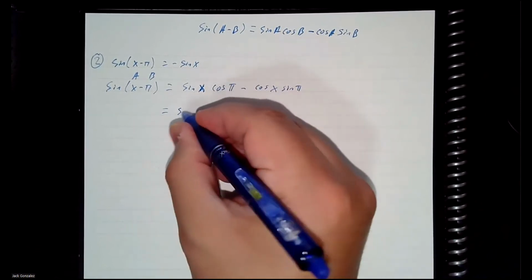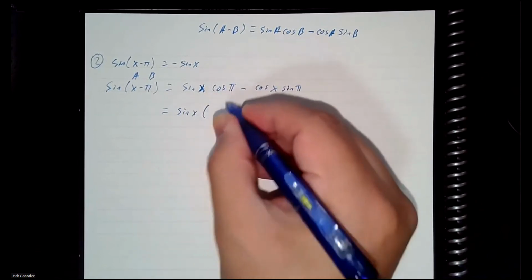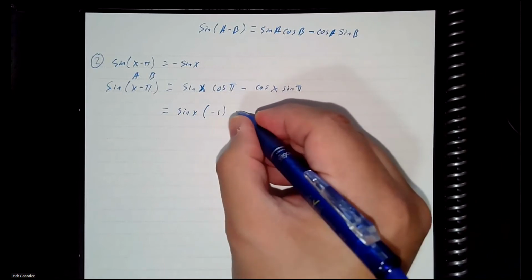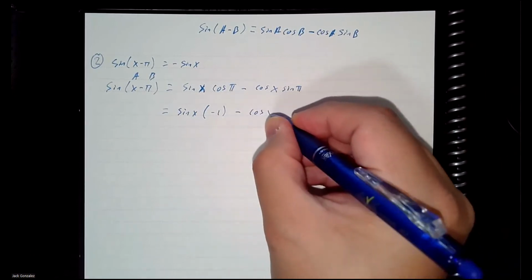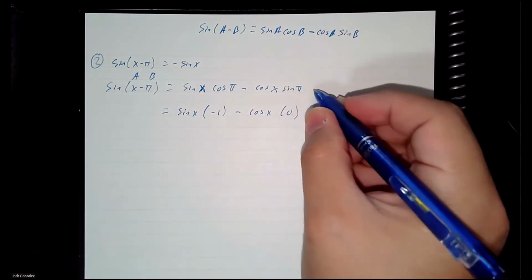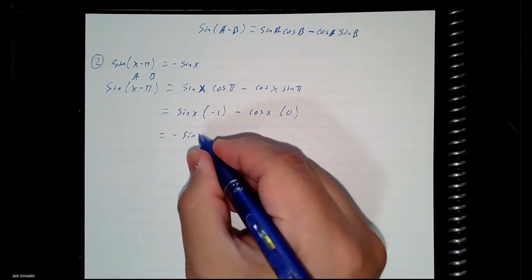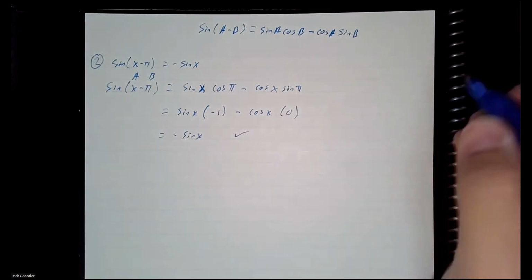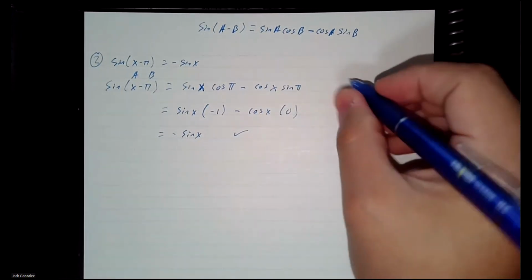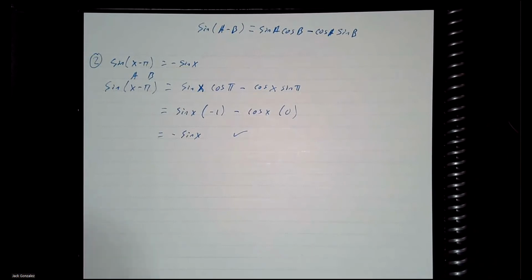So this will be sine x times cosine of pi, which is negative 1, minus cosine x times sine pi, which is 0. So you're left with negative sine x. That's it. Just use the sum and difference formula.